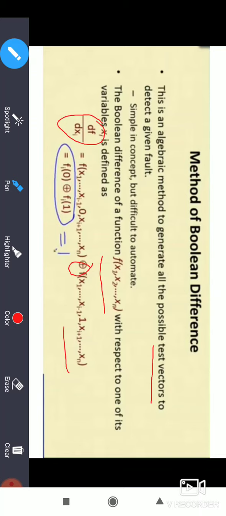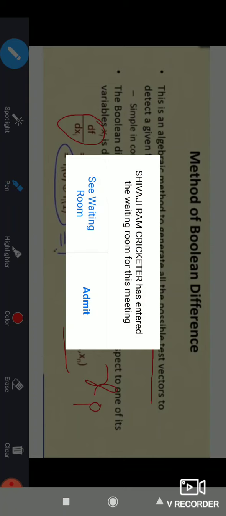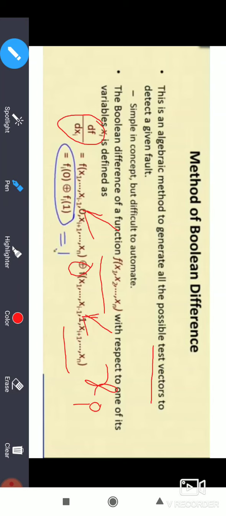First we apply 0 for the first function, and again we apply 1 for the second function, for each possible variable xi, from 1 to n.